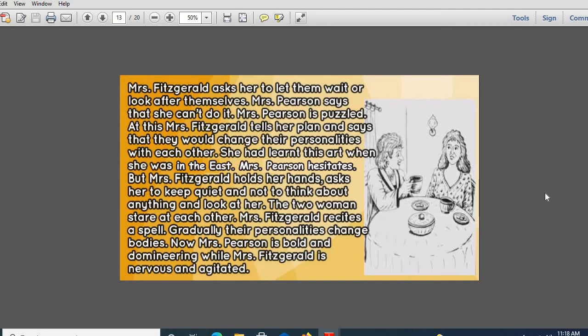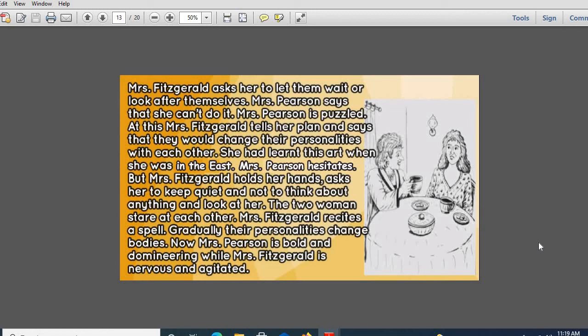Their personalities change bodies. Now Mrs. Pearson is bold and domineering, while Mrs. Fitzgerald is nervous and agitated. Now this is something very, very important.